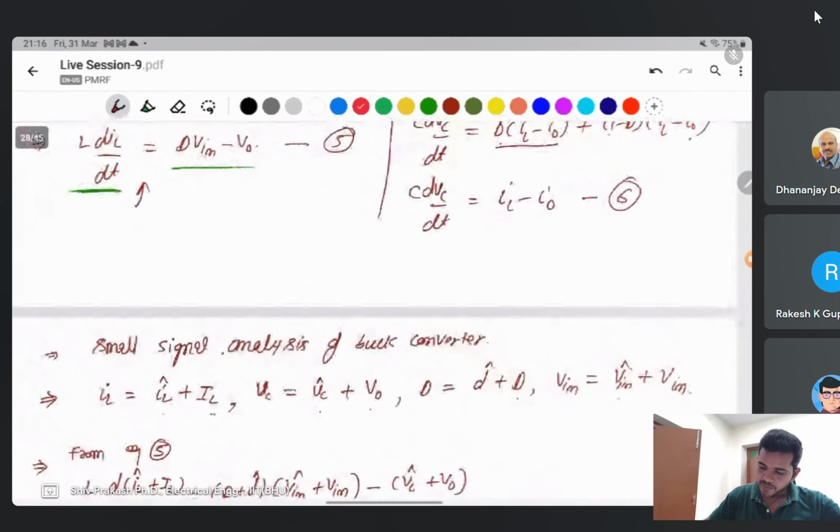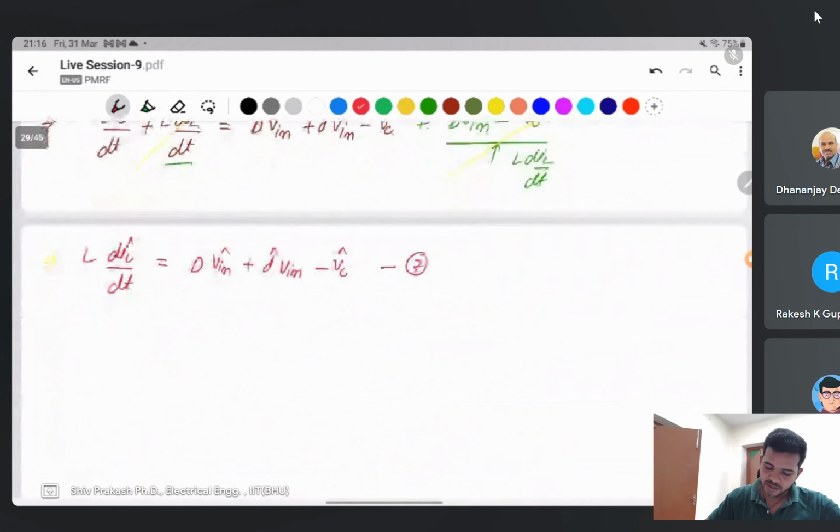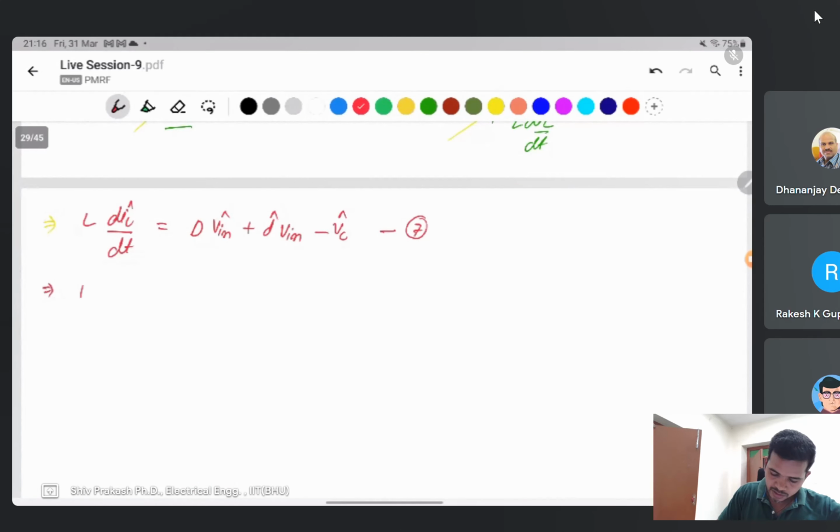Same thing apply for equation number 6. C dvc is equal to IL minus I naught.